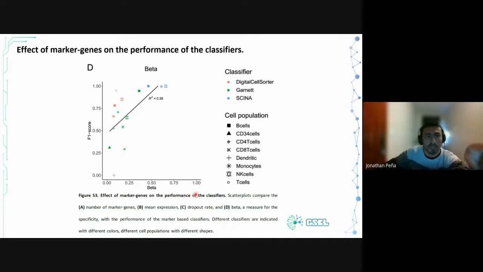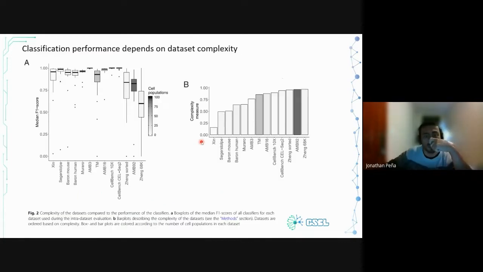So when they evaluate the performance of this method, they observe that this value is positively correlated with the performance of the classifiers. They also analyze the performance and the complexity of the data sets.